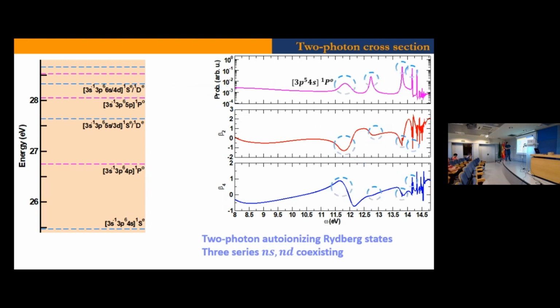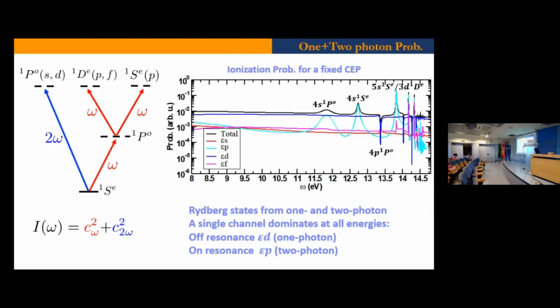And you also have this broad peak over here that we can identify as the 4S single P Rydberg state, which is below the ionization threshold that you can access with the first omega photon. Okay, so now we put together the 2 paths and we look at the total probability.